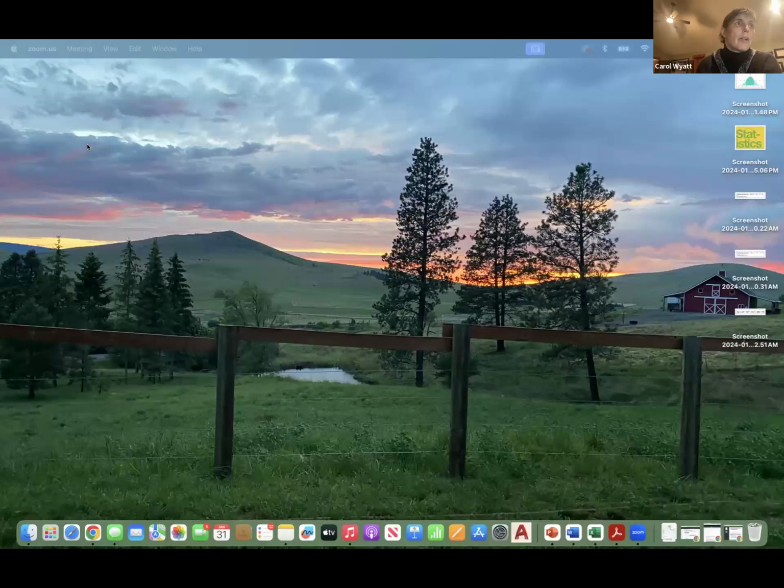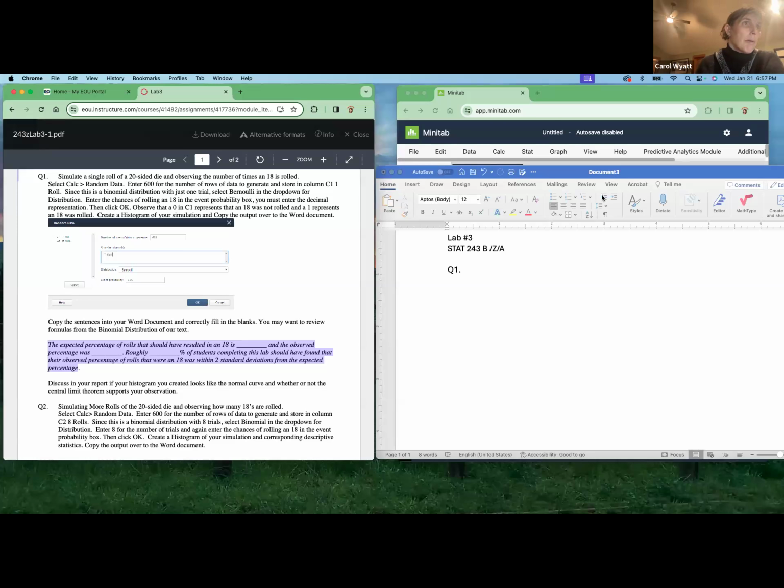Okay, so here I have the lab open. Now here you'll see that I have the lab open on the left here.